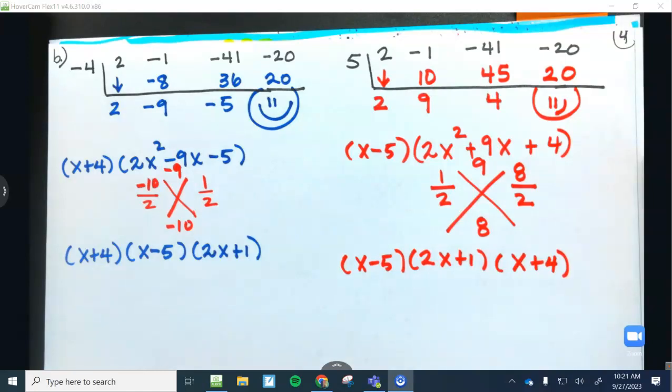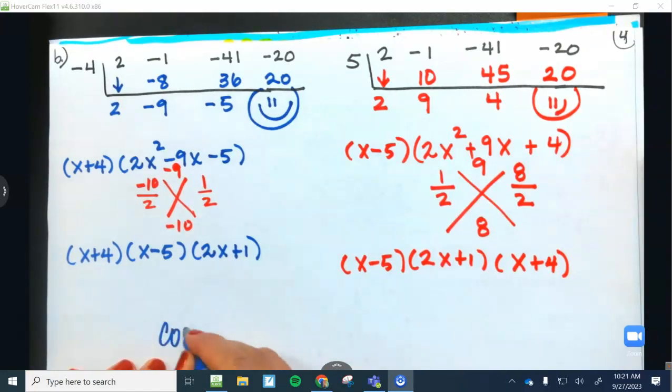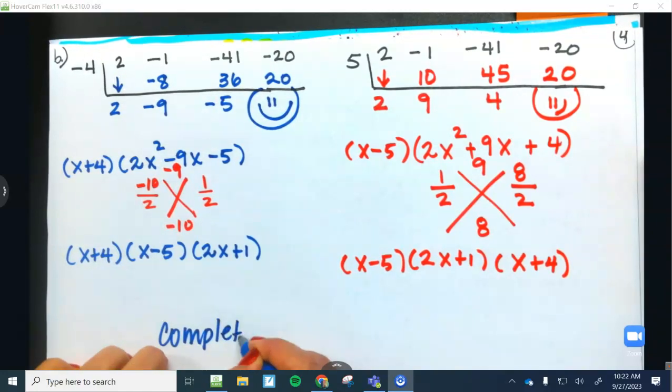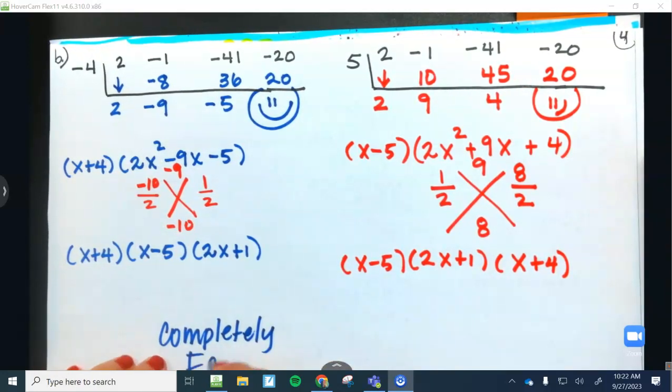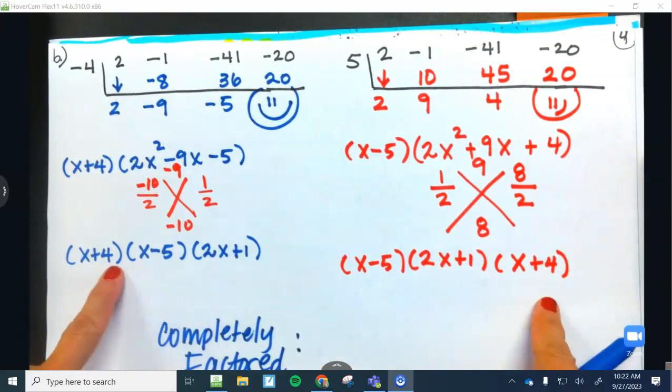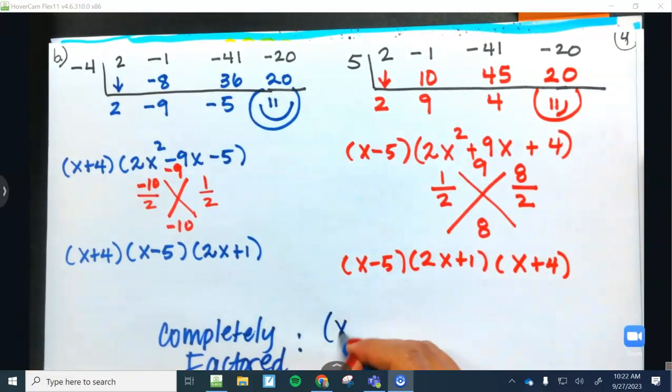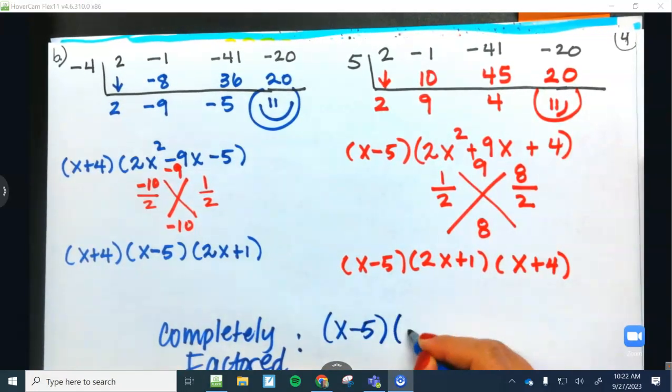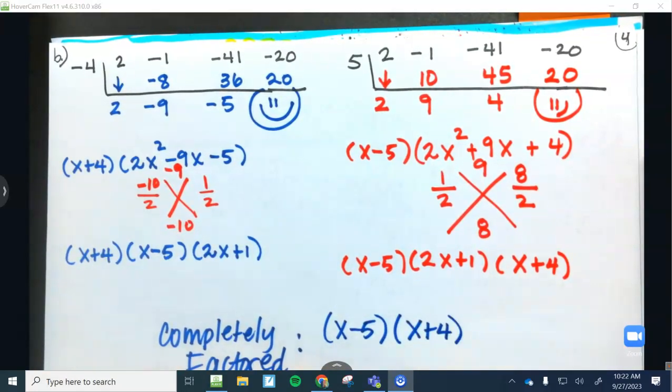So what if B was a quiz? What if I said, here's a couple of factors. Are they both factors? You would write yes. What if I asked you what the factored form was? You would just write these once. These are not repeating, so it's completely factored, with each of these written one time. x minus 5 and x plus 4 was a factor.